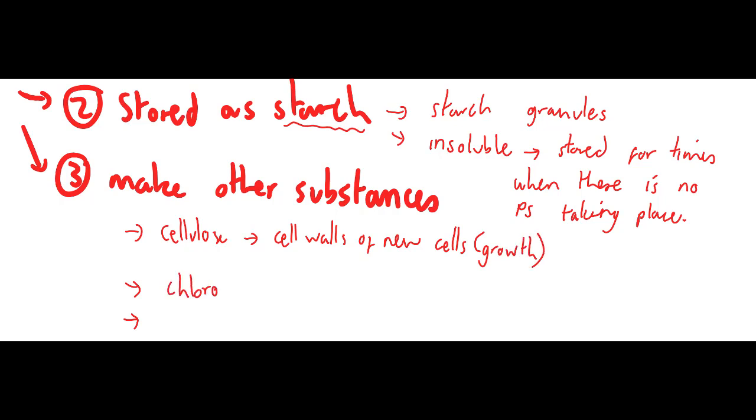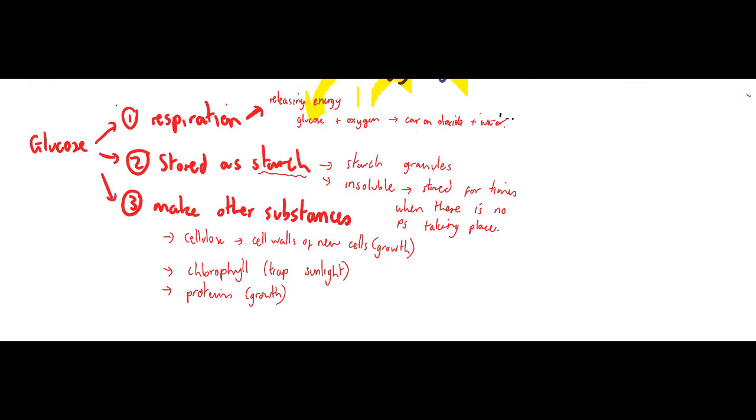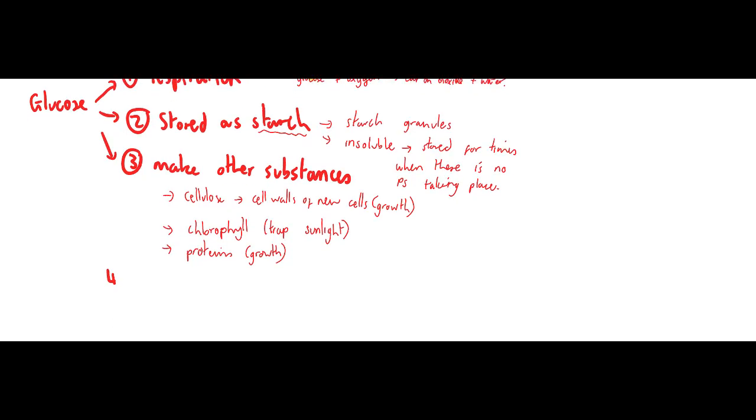Chlorophyll, which is used to trap sunlight, and proteins, which are also used for growth. Now, I should say as well that there is a fourth use, which is really handy, which I shouldn't have left out. And the fourth use is transported as sucrose.